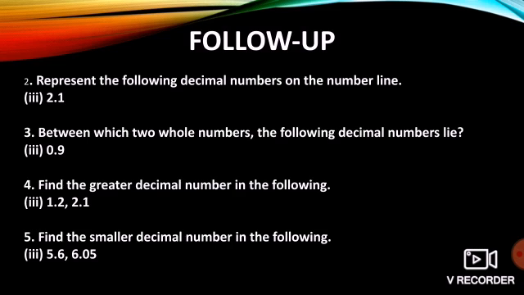We need to say between which two whole numbers the decimal number lies. For example, in the first slide we can say 0.8 lies between 0 and 1. Like that here also we need to say between which two whole numbers the decimal number 0.9 lies.